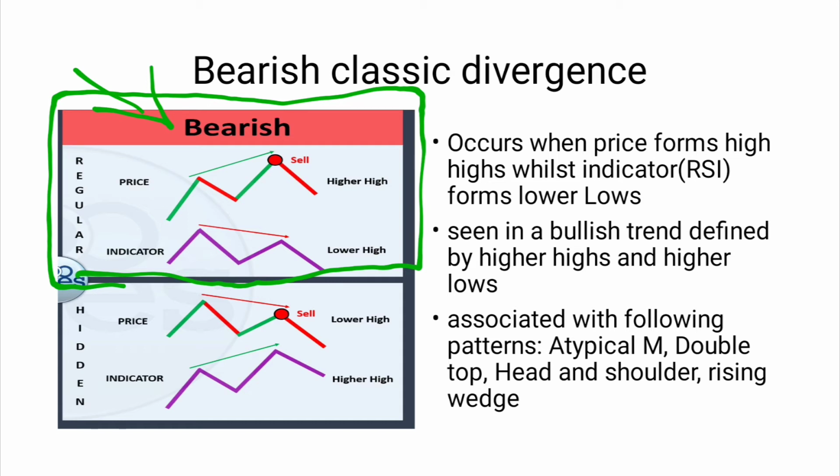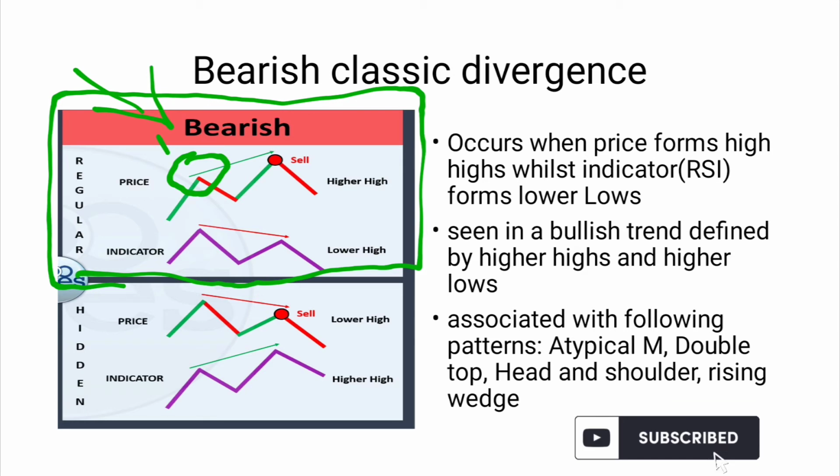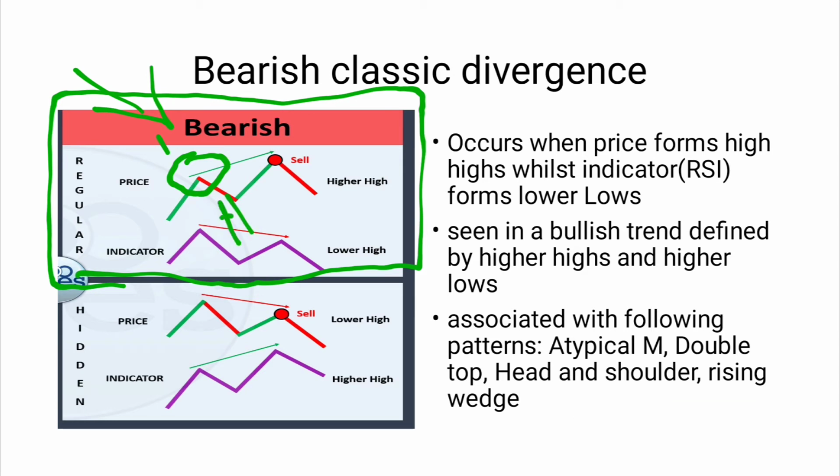So we've got this one, number one. This is a higher high, higher low, higher high. And then the indicator, which is this one, is forming lower highs. That is divergence.